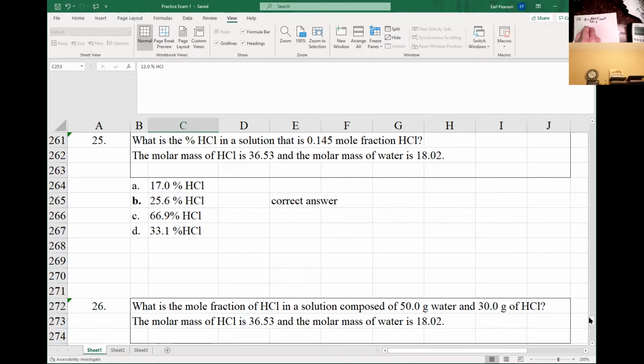The mole fraction is going to be moles of the HCl divided by the moles of HCl plus the moles of water that's present. Total number of moles here.